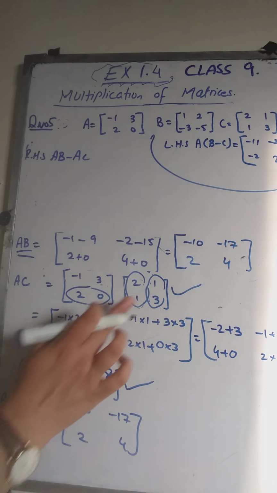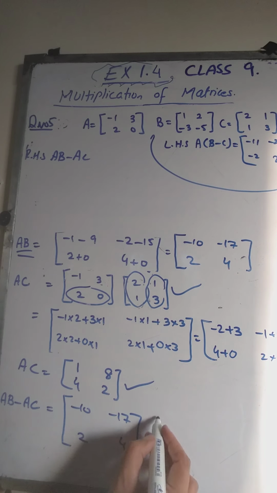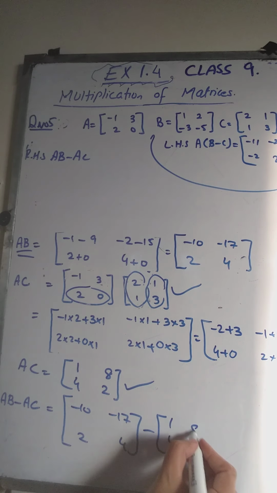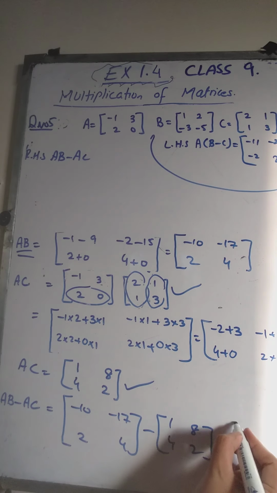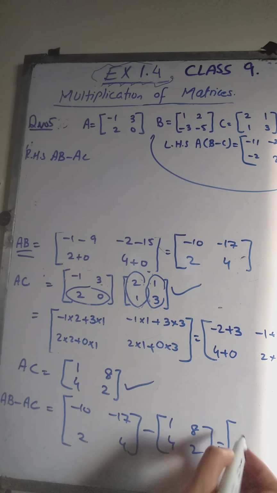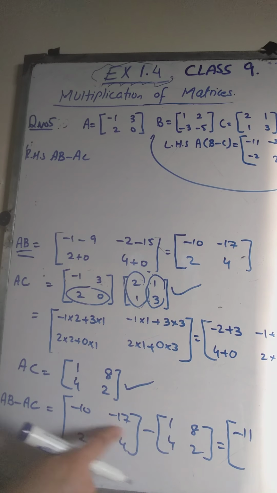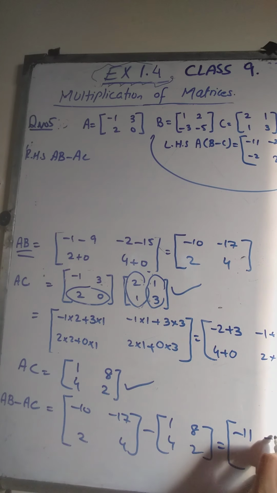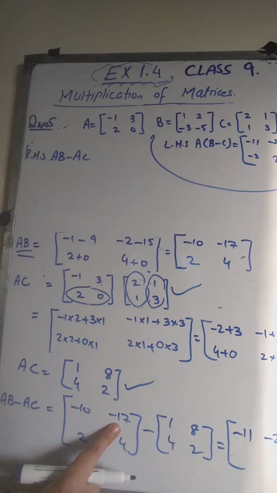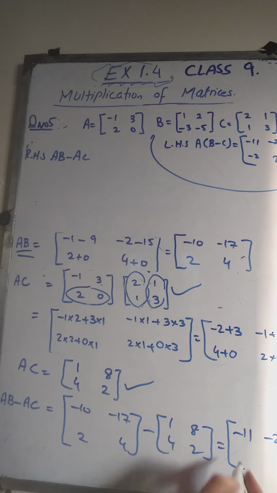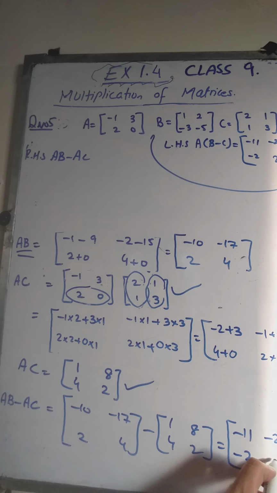Then we calculated A into C, and the result was this matrix. AC is 1, 8, 4, 2. Now subtracting these two, what do we get? Negative 10 minus 1 will be negative 11, negative 17 minus 8 will be negative 25. 2 minus 4 will be negative 2, and 4 minus 2 will be 2.